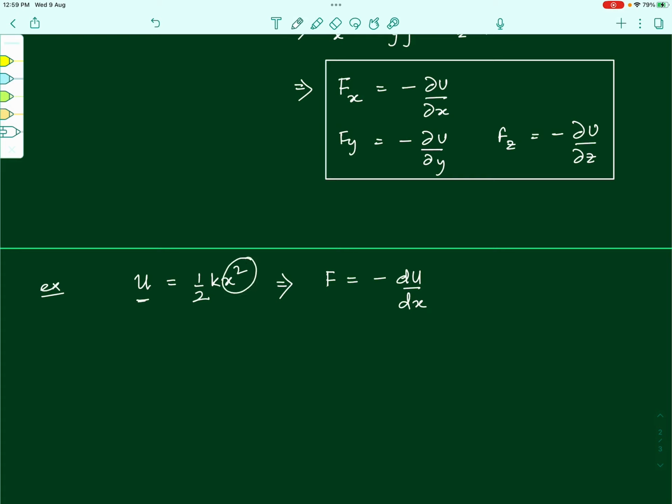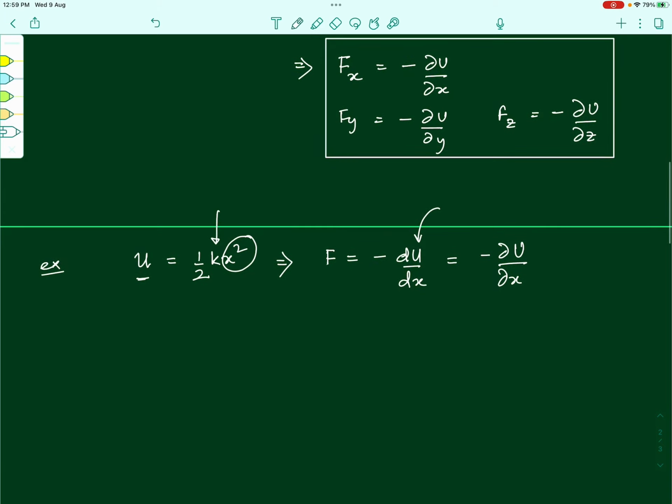It's not a function of any other variable. K is a constant here, the spring constant. So it's only a function of x and I have to just differentiate with respect to x. That's why I can write it as du by dx itself, although I could have written it as minus of del u by del x also, so that if there is any other variable, I'll just consider that to be a constant while differentiating.